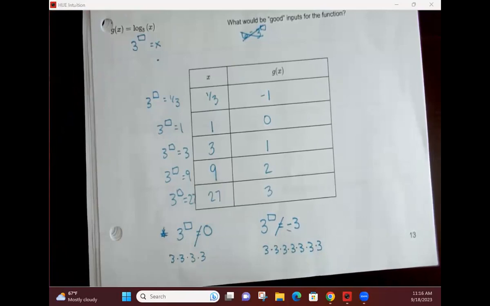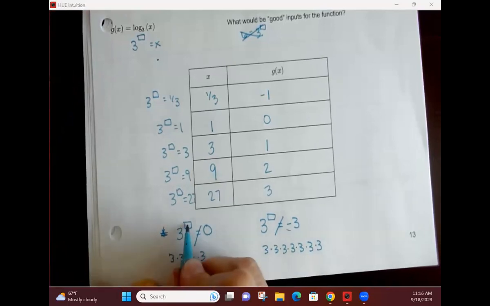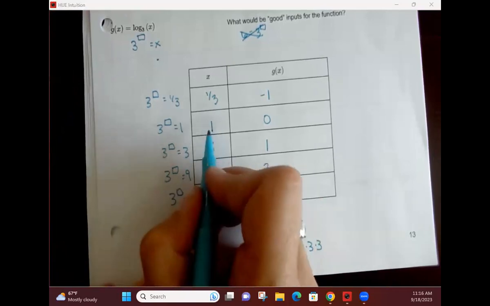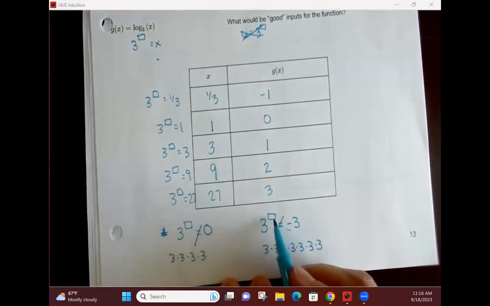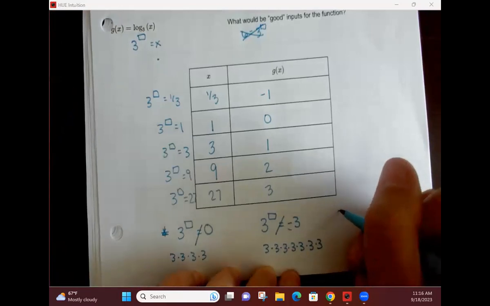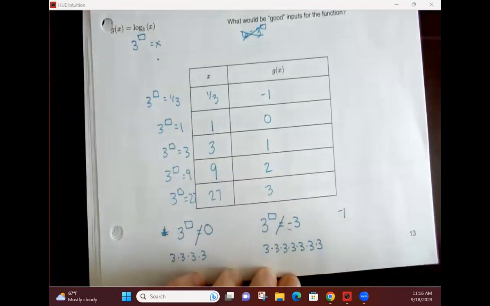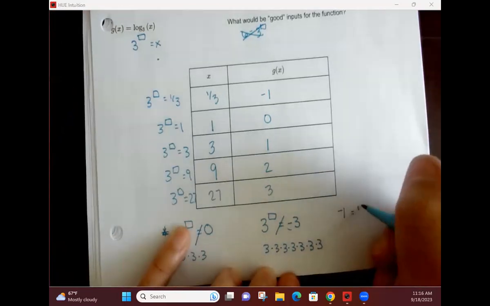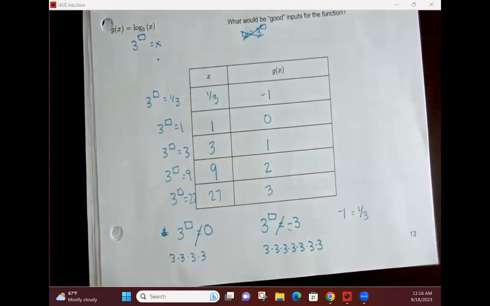I can't do that either, right? If I plug in 0 for the exponent, I would get 1. If I plug in a negative value for the exponent, I can do that. I can plug in -1 for the exponent, but that would give me 1/3, right? So I won't ever get a negative value out here either.